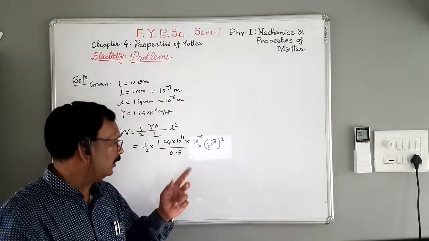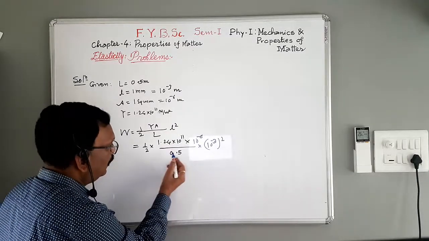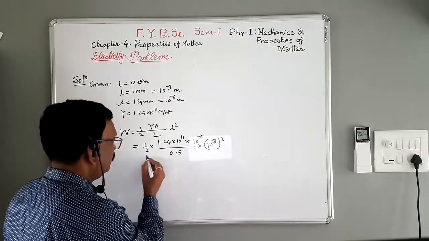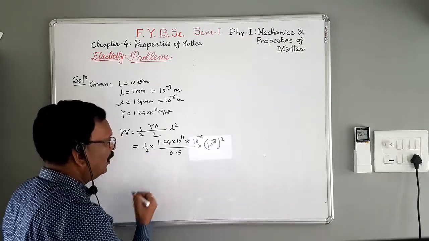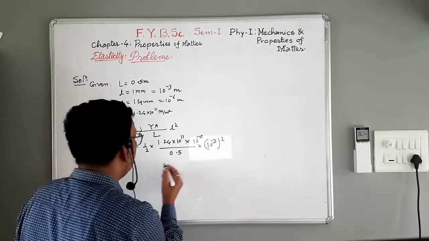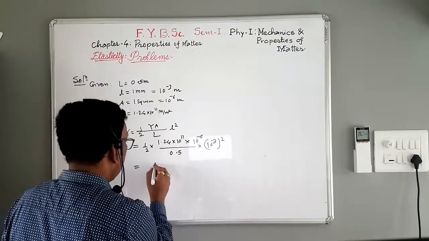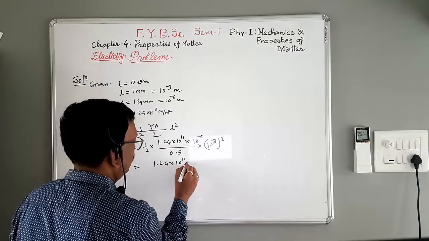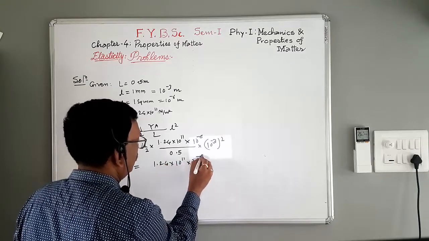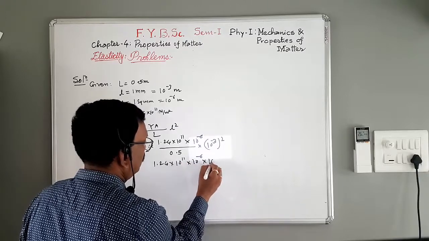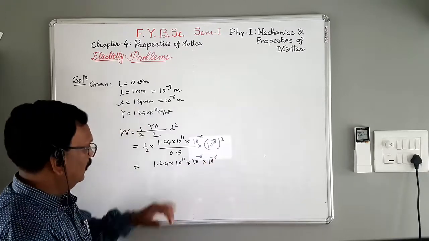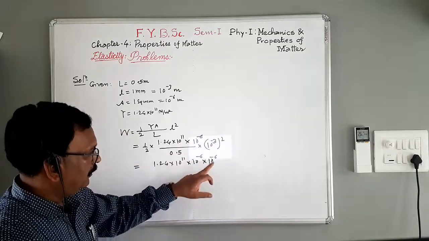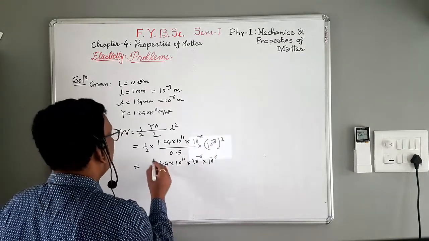Now, when you are going to solve this problem, there is no need to use a calculator, because 2 into 0.5 is nothing but 1. So here we have 1.24 into 10 raised to 11, into 10 raised to minus 6, into 10 raised to minus 6.